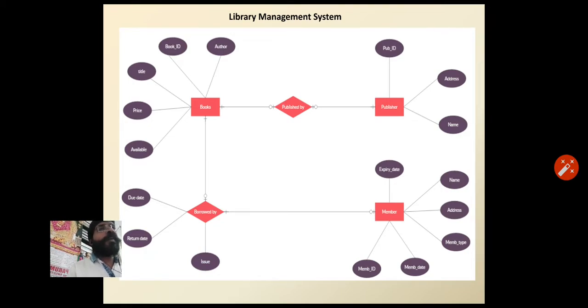There are three properties of the relationship: issue date, return date and due date.